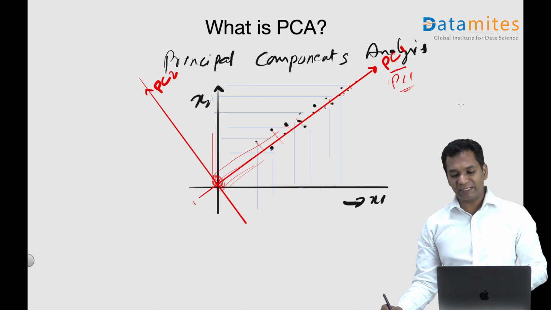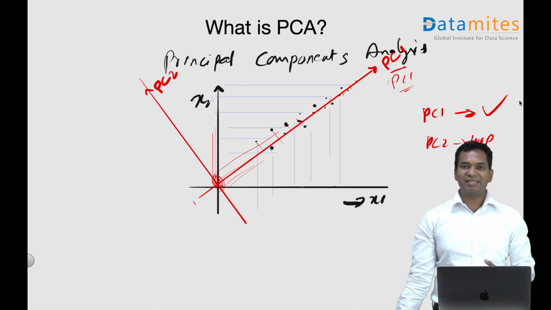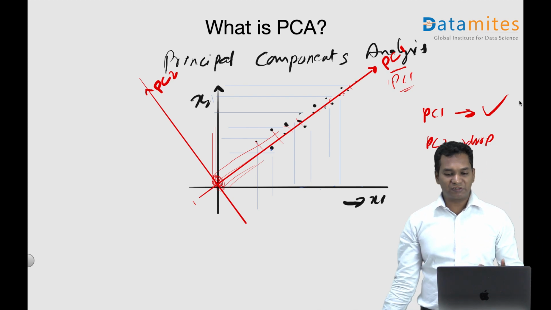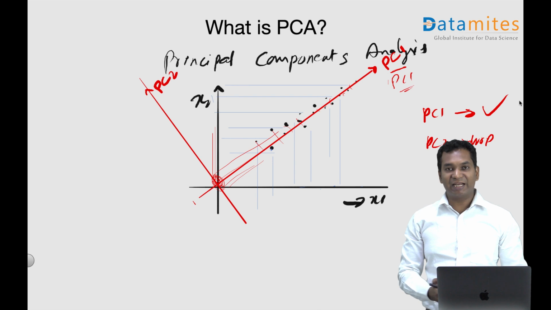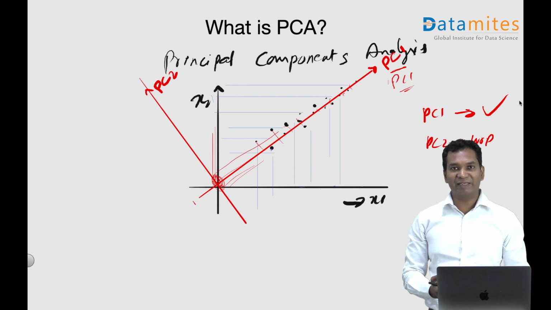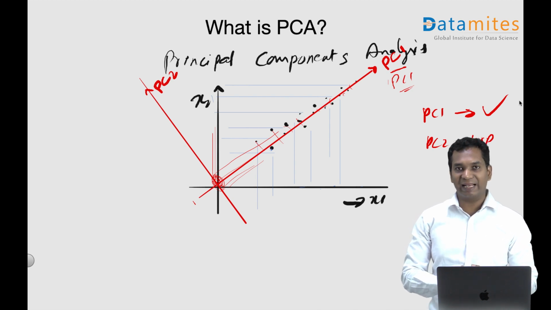If I take only PC1 for my analysis and drop PC2, this is good enough because approximately 95 plus percent of the data variance is captured in PC1, and this is what principal component analysis is.